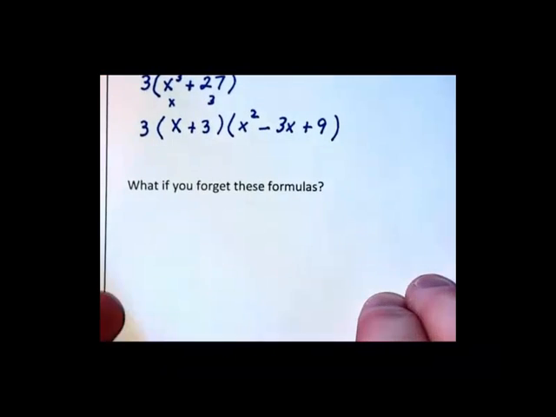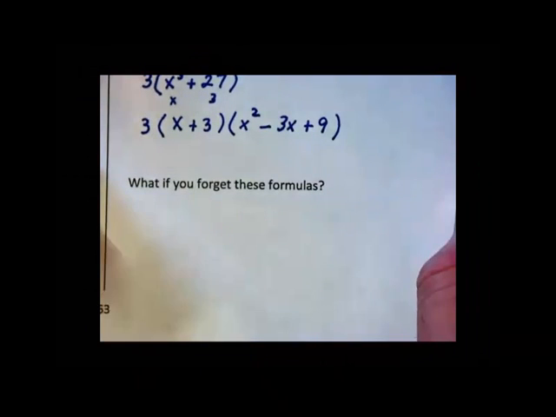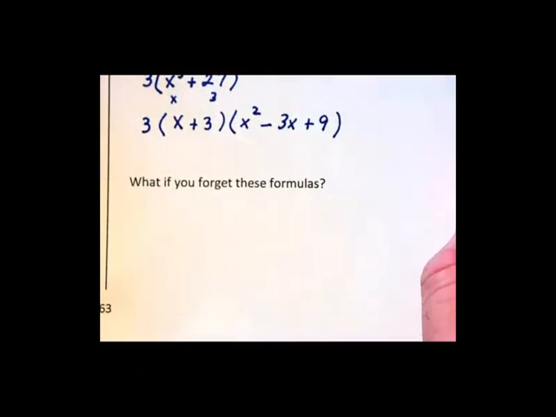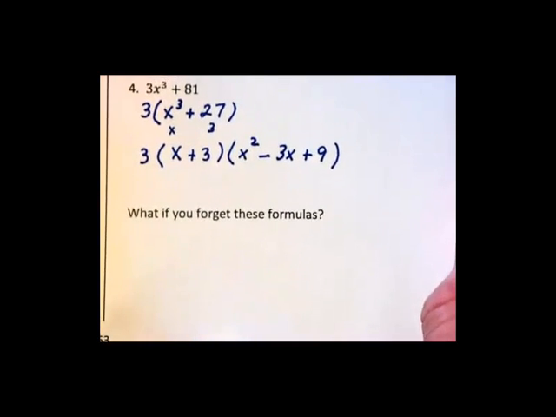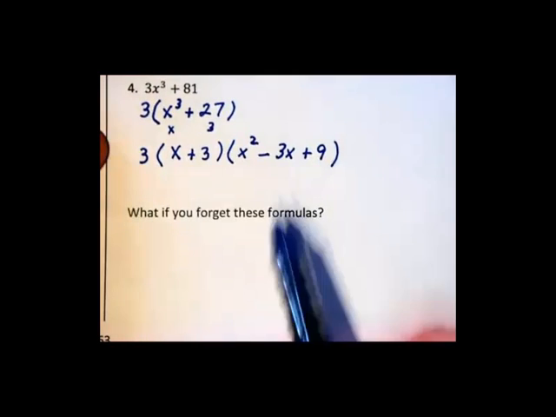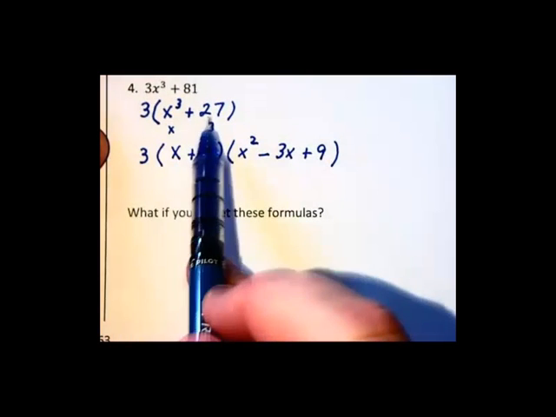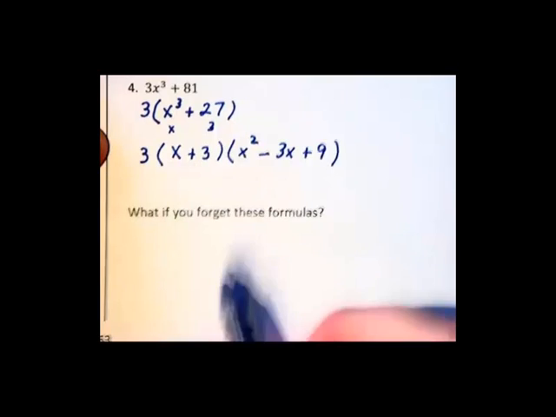Now, what if you forget these formulas? Well, there is another way out. Remember that we know how to divide polynomials. If we take that last problem, I would hope that with x cubed plus 27 you'd at least remember the x plus 3 part.